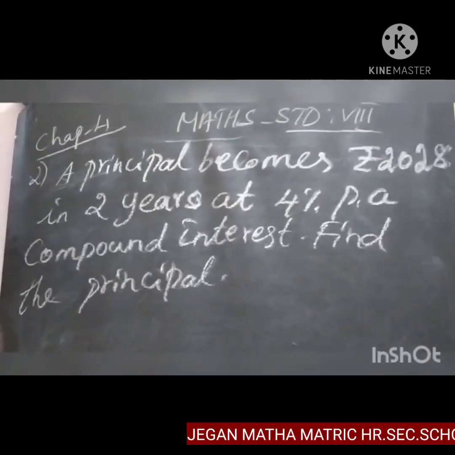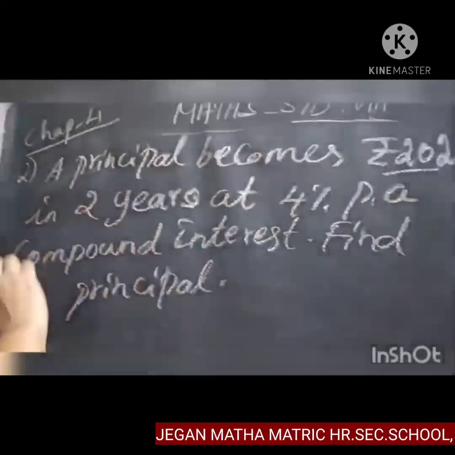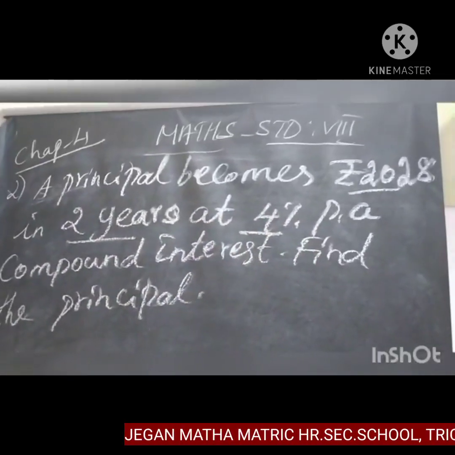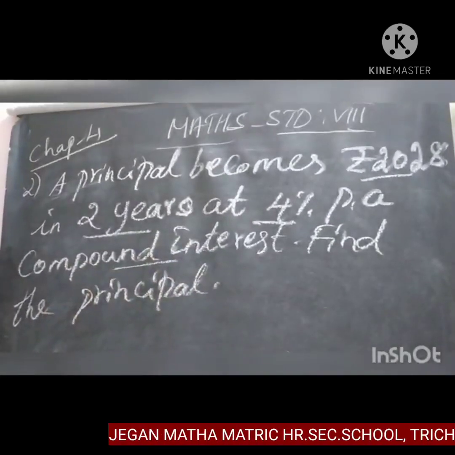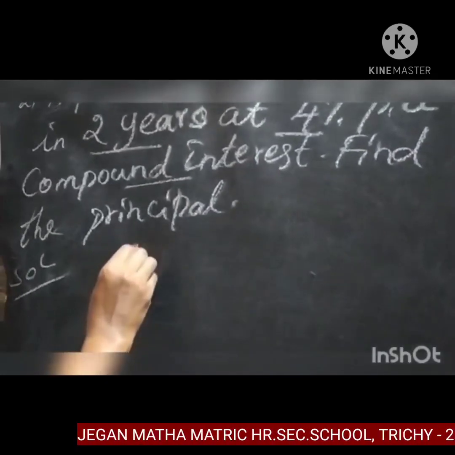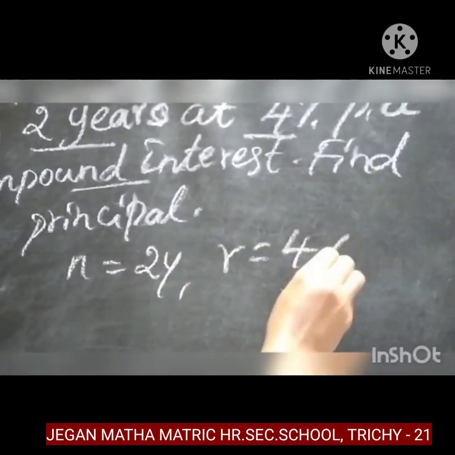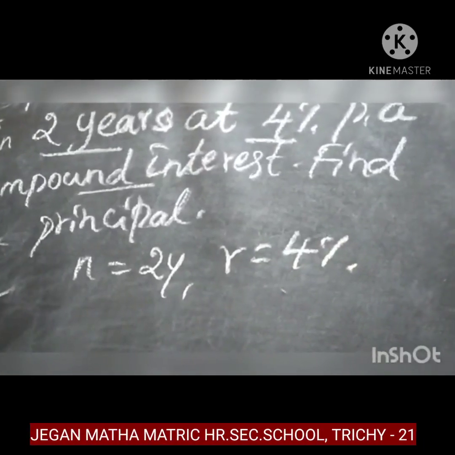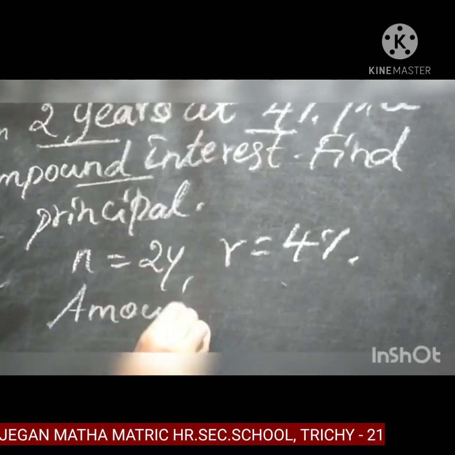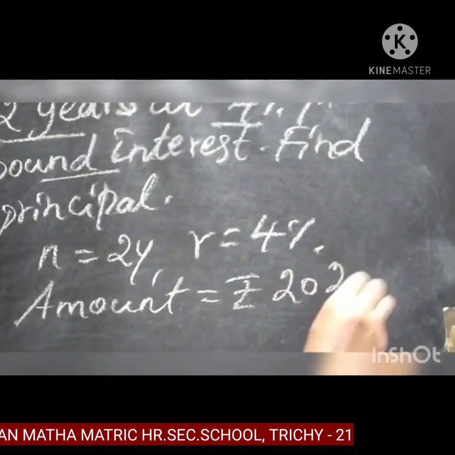A principal becomes 2028. The amount, rupees 2028, is given in 2 years at 4 percent per annum compound interest. You have to find the principal. So the number of years is 2, the rate of interest is 4 percent. The amount is given, consider the amount rupees 2028.